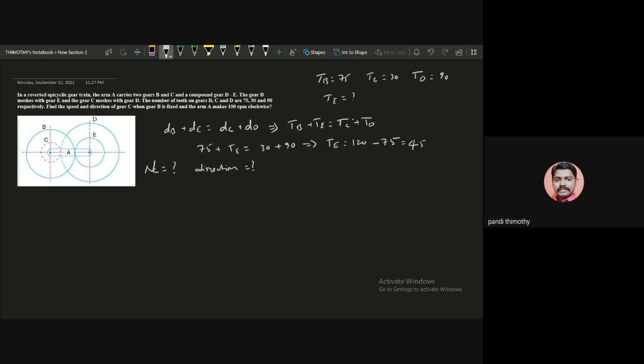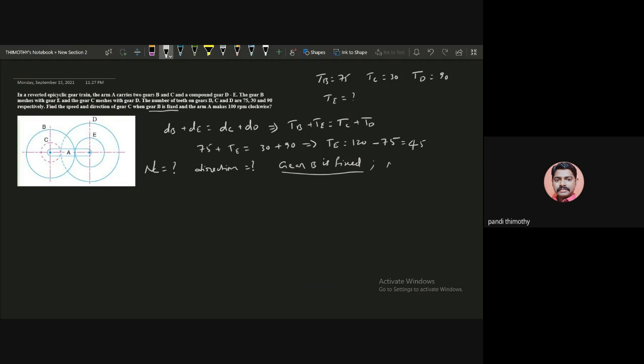Conditions: gear B is fixed. This is one condition. Another condition is also given: the arm A makes 100 RPM clockwise.